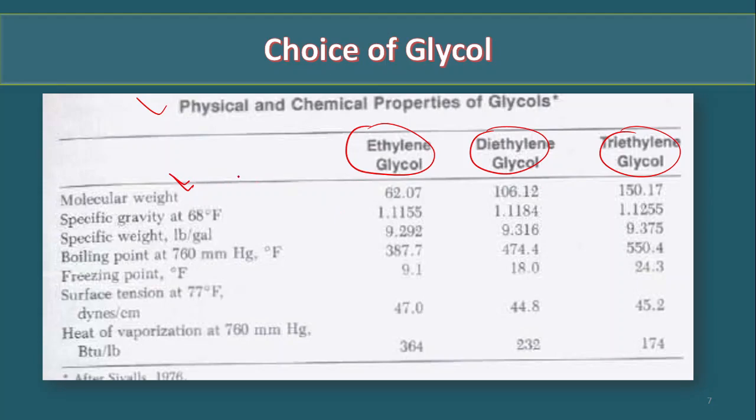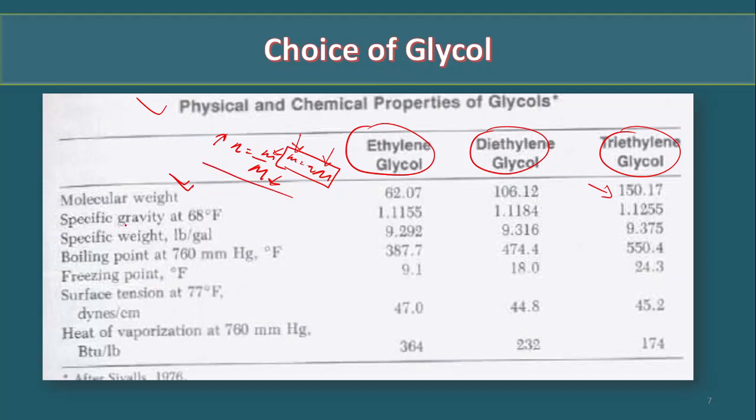Number of moles is mass divided by molecular weight, so if the molecular weight is lower, the number of moles increases for the same mass. Mass is equal to number of moles multiplied by molecular weight, so higher molecular weight means more mass, and basically more amount is required. So molecular weight helps you find the material balance calculation.